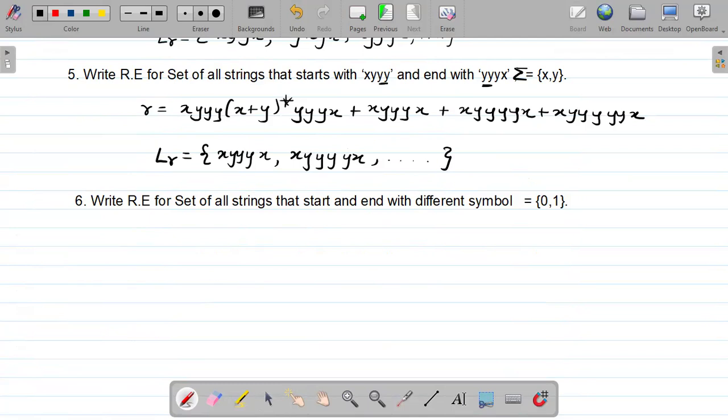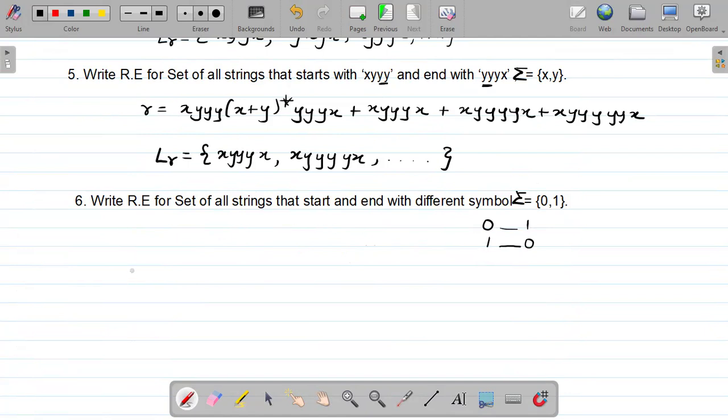Last one: regular expressions for the set of all strings that start and end with a different symbol, where summation is equal to 0 comma 1. So it is starting and ending with a different symbol. Suppose it starts with 0, it can have anything in between followed by 1. Or it starts with 1, it will end with 0. So this we have to consider.